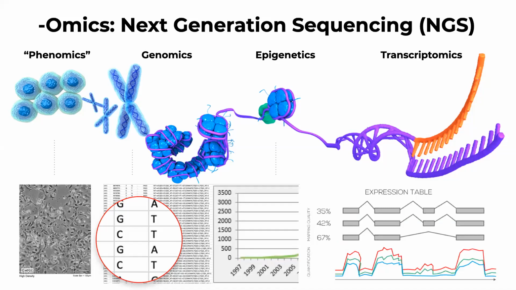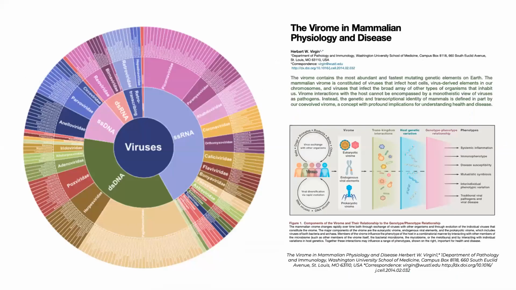Well, the viruses are a virome, and they really work in communities that are present inside of us and around us, and also in other animals and other species, including infecting bacteria.